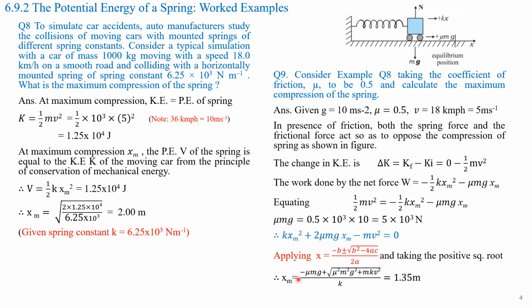Therefore, Xm is equal to minus mu m g plus square root of mu square m square g square plus m into k into v square, divided by k, that is equal to 1.35 meters.